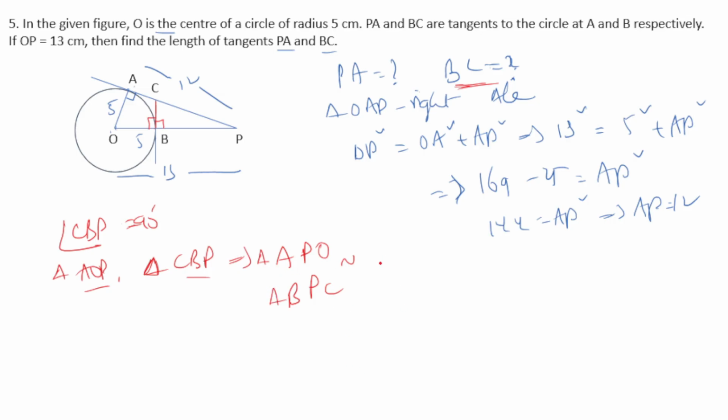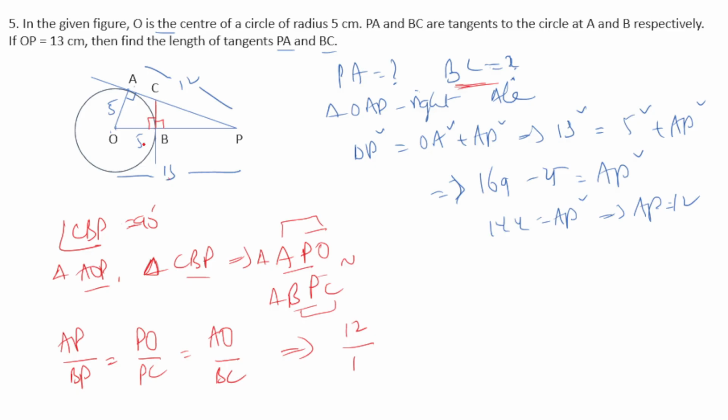So we will take the ratio of corresponding sides. We will get AP divided by BP is equal to PO divided by PC is equal to AO divided by BC. We have taken the first two alphabets and the next two alphabets and next we have taken first and third alphabets and we have taken the ratios. So these ratios are same. Here AP is 12 divided by BP.